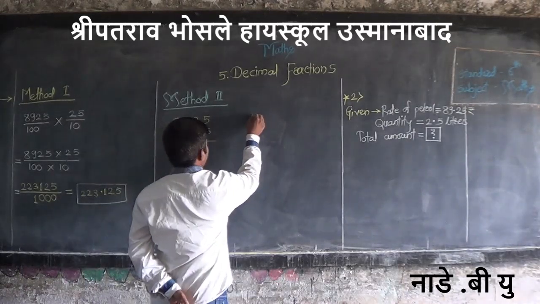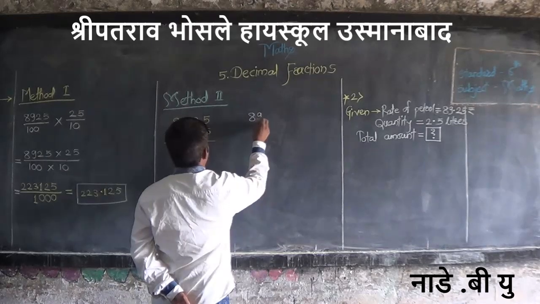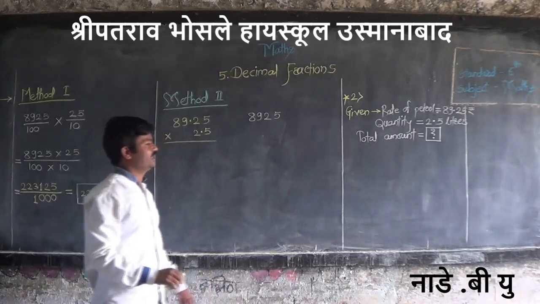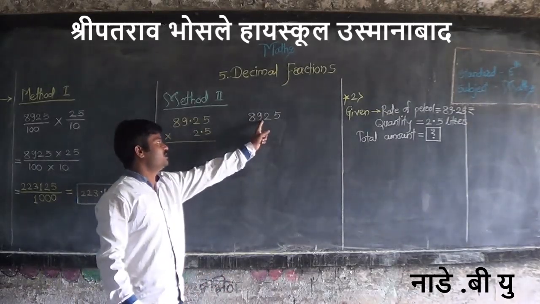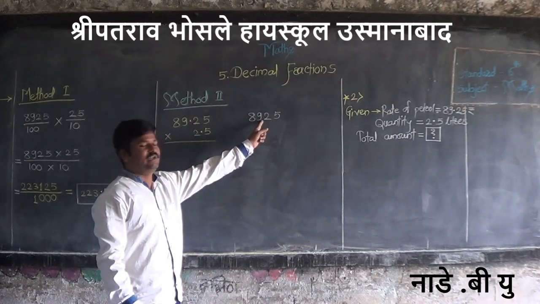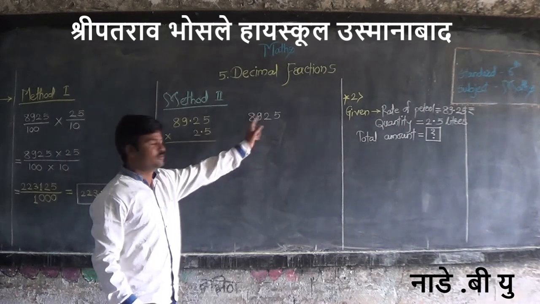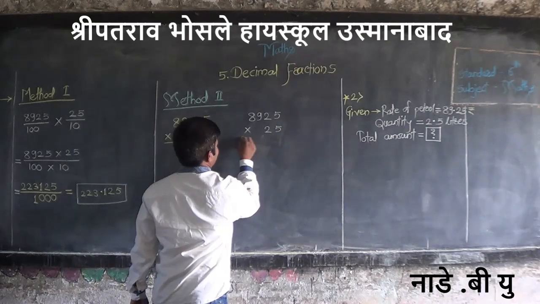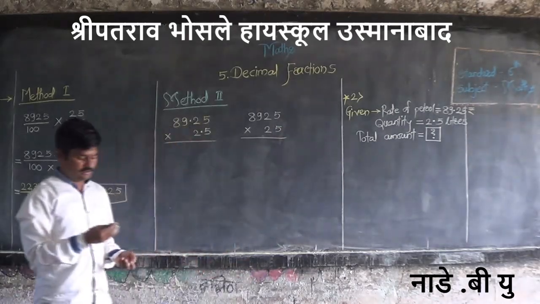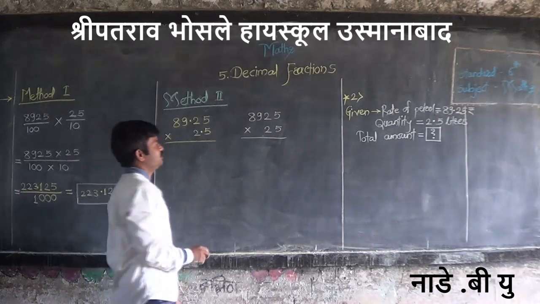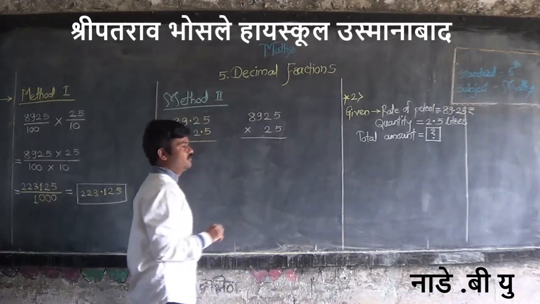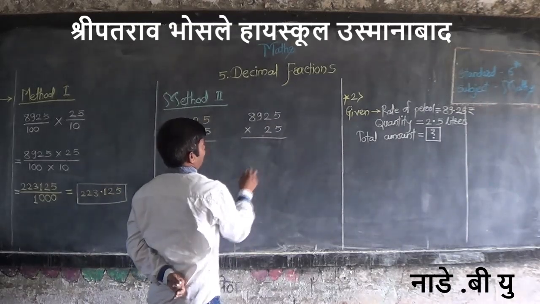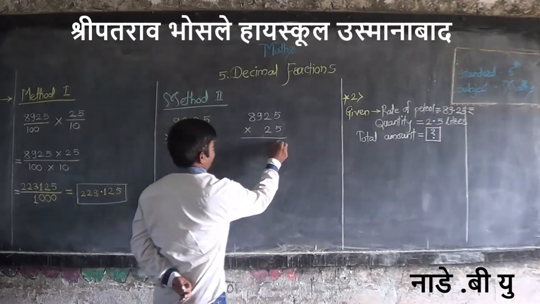Here remove the decimal point. The numbers are 8925. Consider the decimal point as not there. Multiply by 25. Make the multiplication the same as with integers. 25 5s are 125.